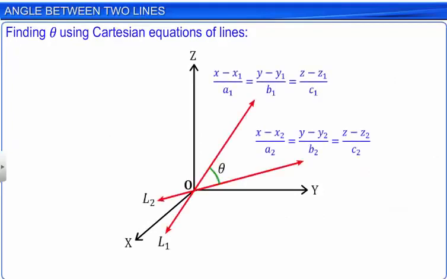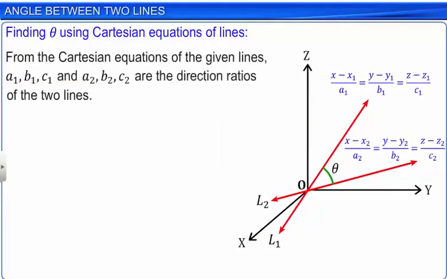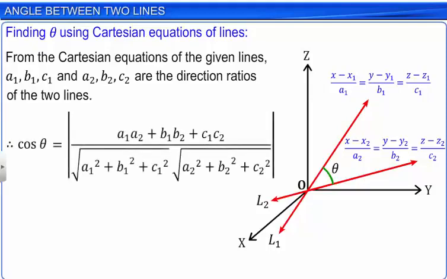From the Cartesian equations of the given lines, we get that A1, B1, C1 and A2, B2, C2 are the direction ratios of the two lines. Thus, the cosine of angle theta between the lines given in Cartesian form can be found using the formula shown.